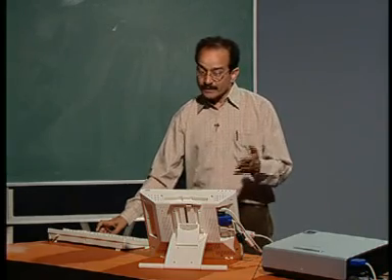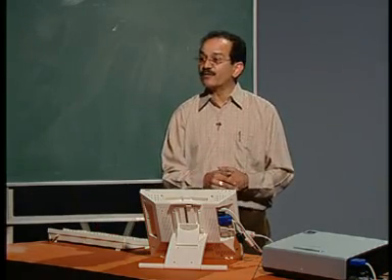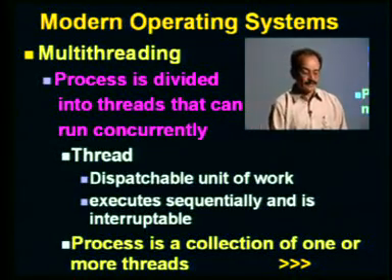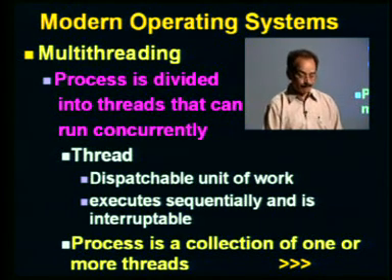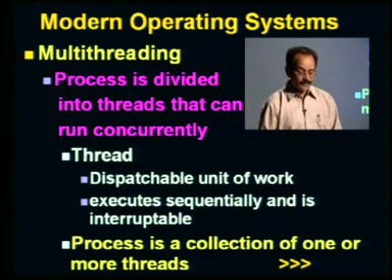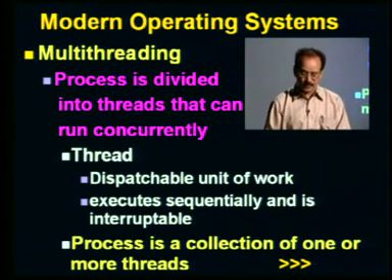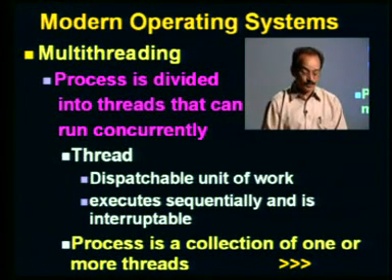Another concept which is coming very fast is multi-threading. That is, we divide my process into small threads that can be run concurrently. And what is a thread? It is a dispatchable unit of work. We usually correlate it with a process also.